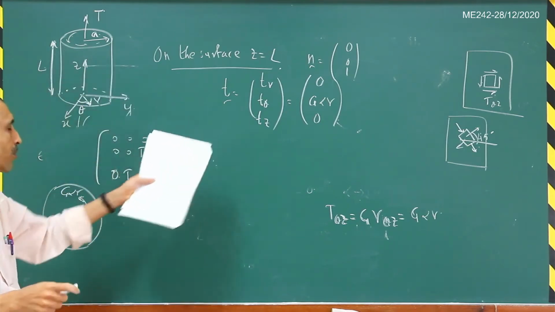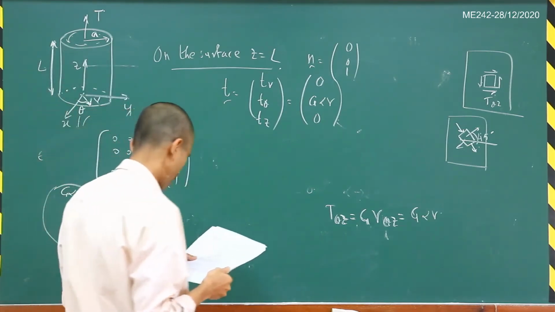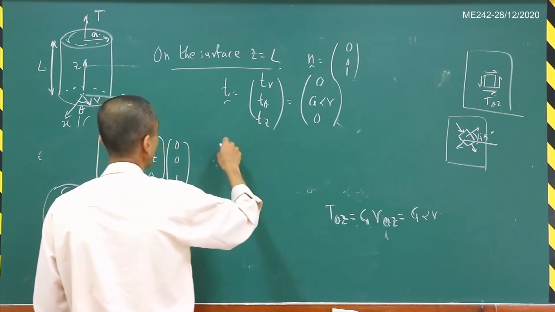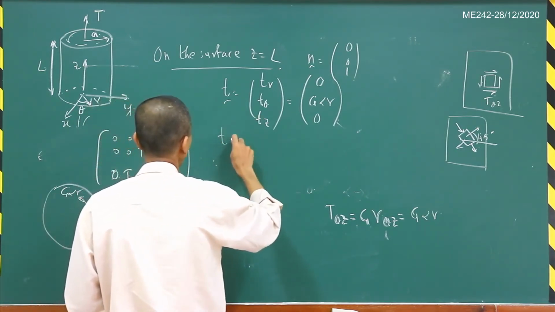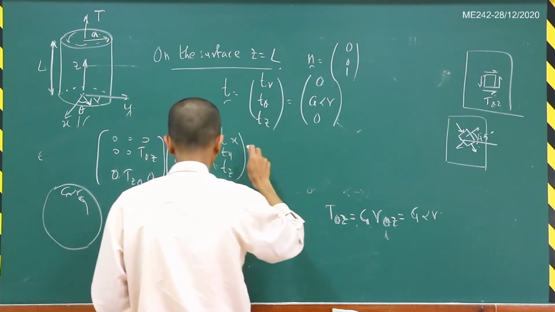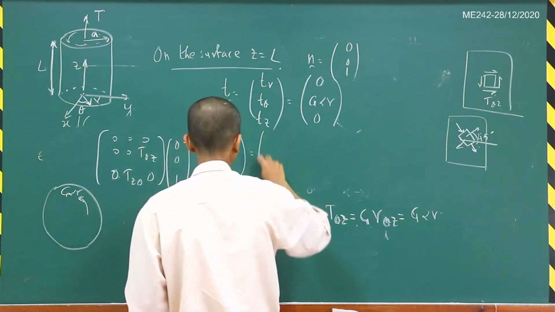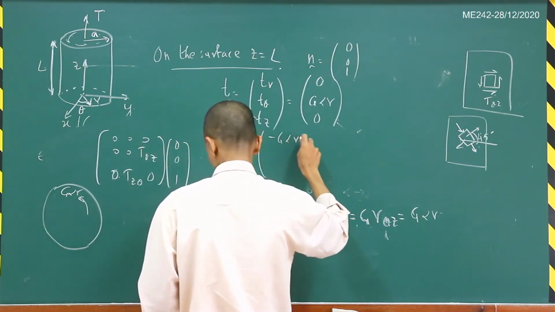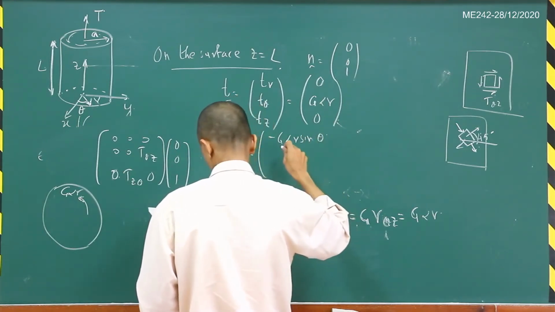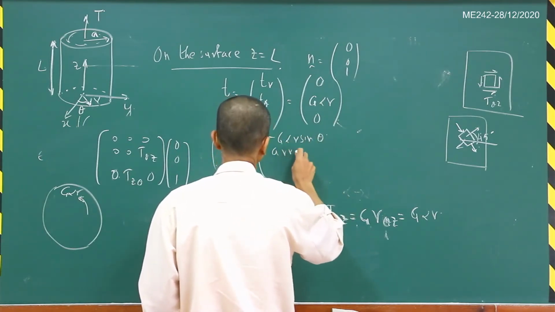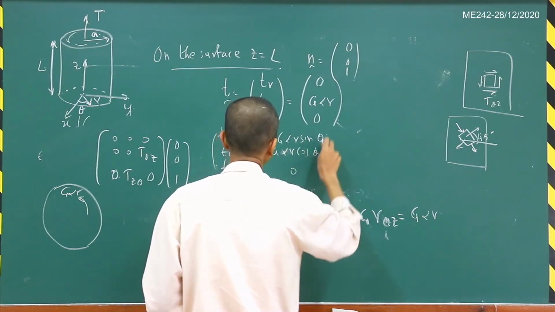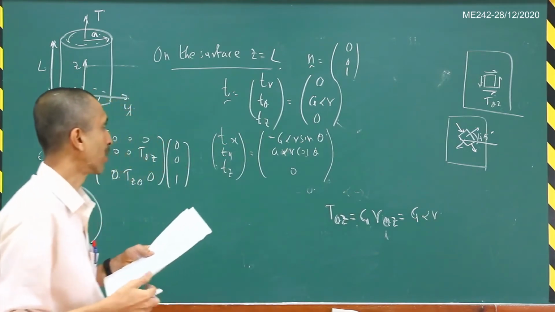So now if we find out what are the x and the y components of this traction, t_x, t_y, t_z is equal to minus G alpha r times sine theta, then G alpha r cos theta, and 0. So these are the tractions along the x and y direction.